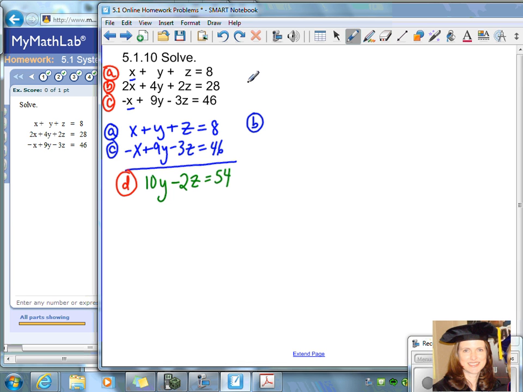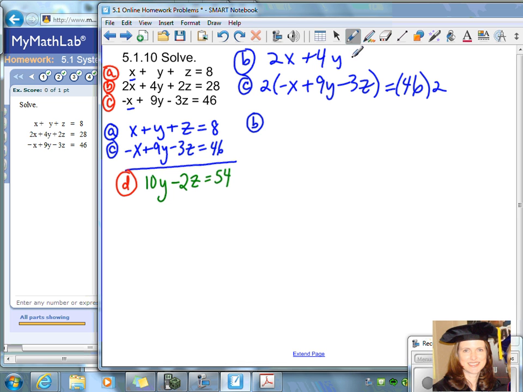If I multiply the whole equation C by 2, negative x plus 9y minus 3z equals 46, and we multiply that by 2 as well. And equation B was 2x plus 4y plus 2z equals 28.